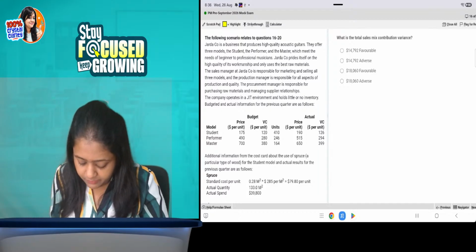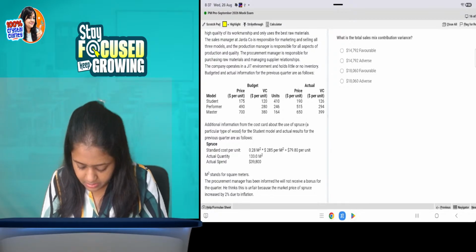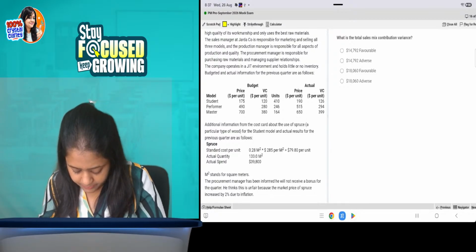These are the units given to you, so I assume that these are actual units only, because there is nothing else given here. Let me see.